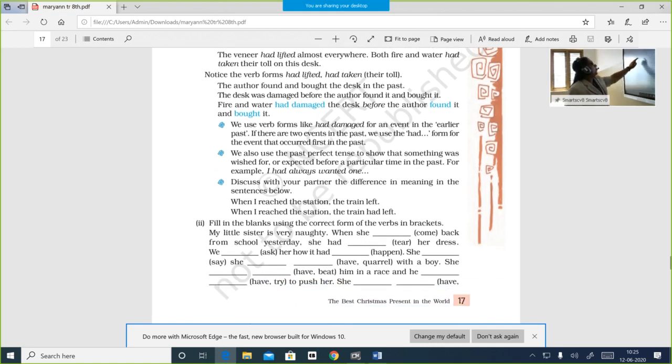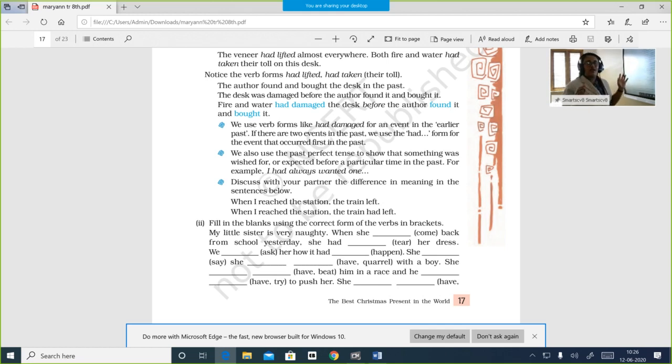Now, the next point, important: we also use the past perfect tense to show that something was wished for. Teacher wished for something and expected it before a particular time in the past.